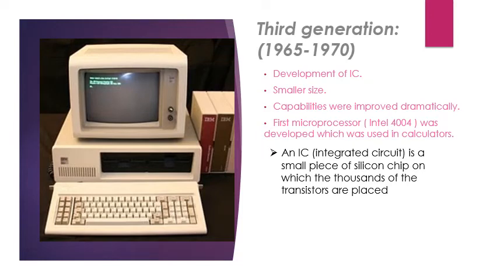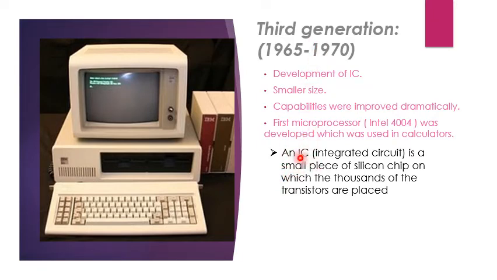IC is an abbreviation of integrated circuit. What is it? In second generation I told you that transistors were used which were better than vacuum tubes. IC is a small piece of silicon chip on which thousands of transistors are placed. I'm repeating here, thousands of transistors are placed. Second generation computers were much better than the first because of the transistors, and thousands of transistors are placed on a small object in third generation computers.